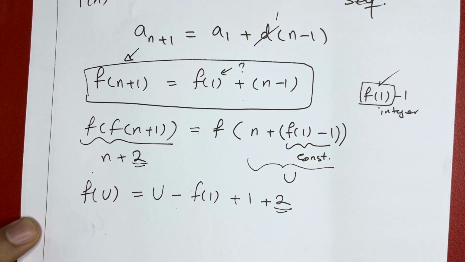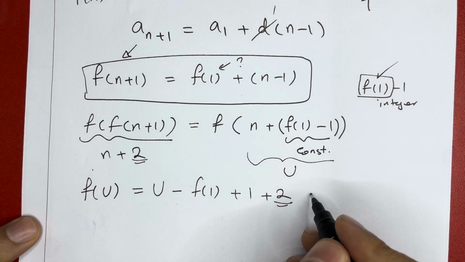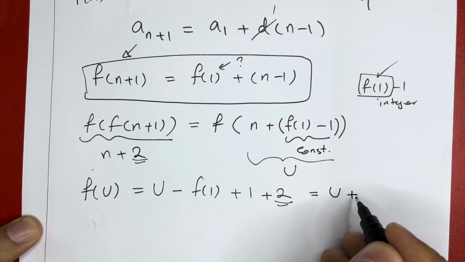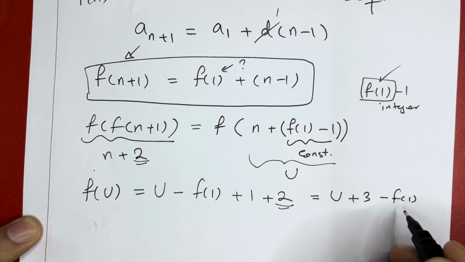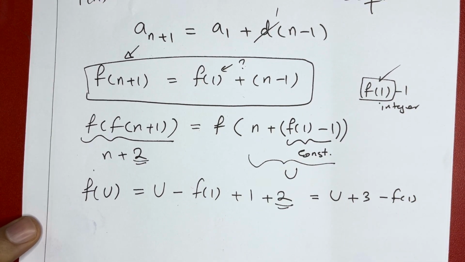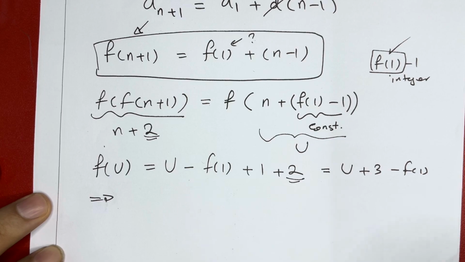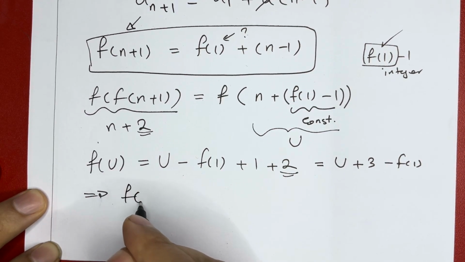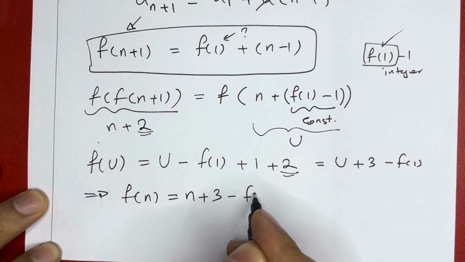If we simplify a little bit, this will be u plus 3 minus f of 1. Or you can change it back, because n is familiar: instead of u I go back to the symbol n, so f of n is n plus 3 minus f of 1.